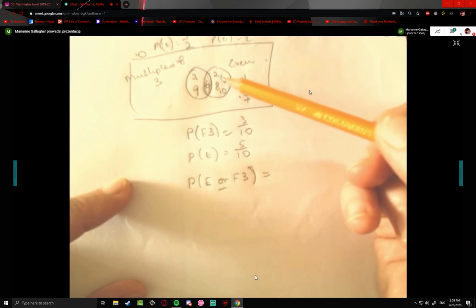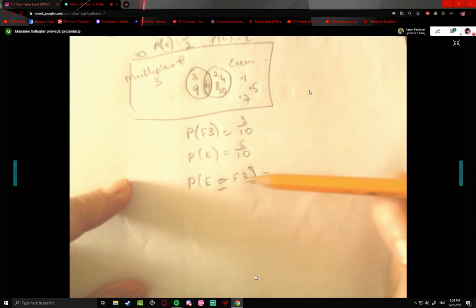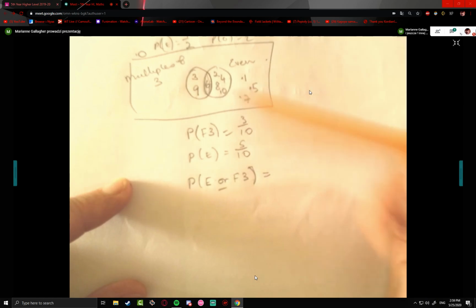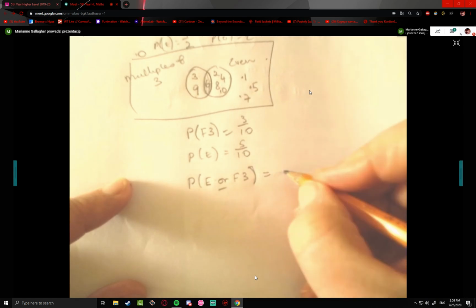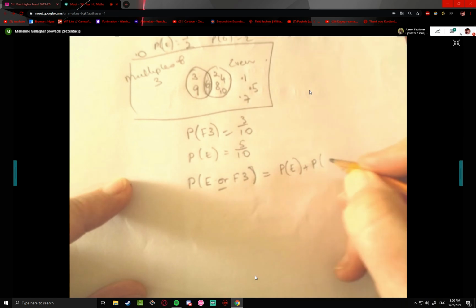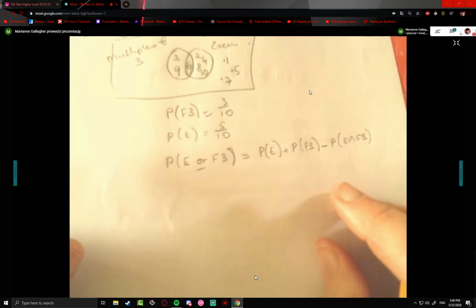The probability of an even is 5 out of 10. But the probability of E or a factor of 3 is only 7 out of 10. So it's the probability of the first thing plus the probability of the second one minus the probability of the intersection.